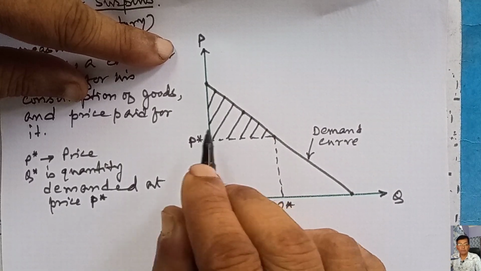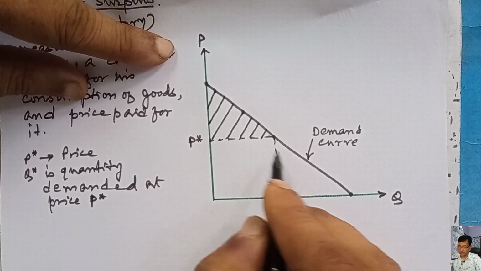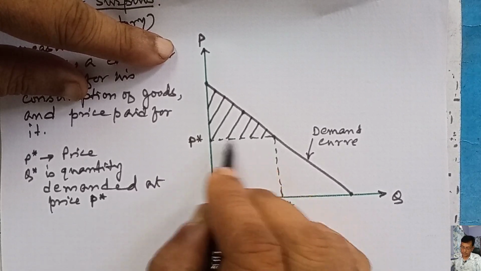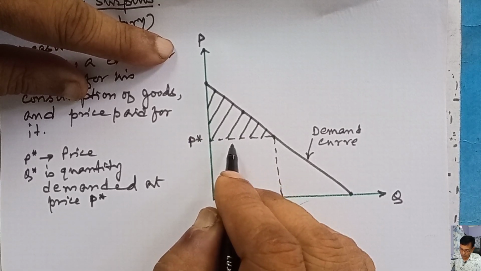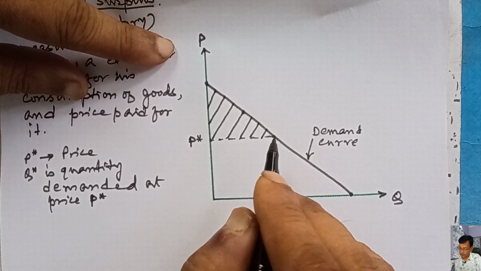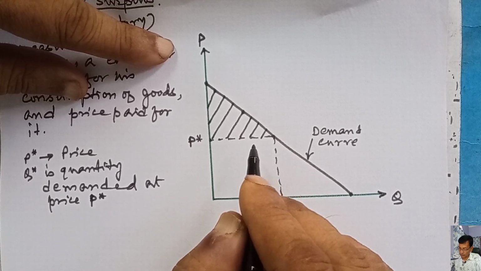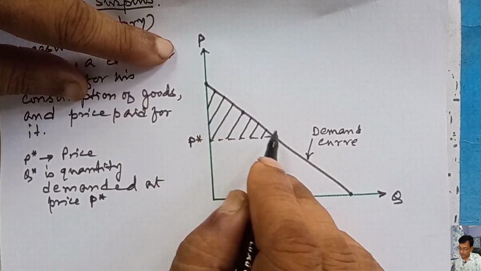This consumer surplus corresponds to the area under the demand curve but above the price, assuming that the income effect is so small that it can be disregarded.